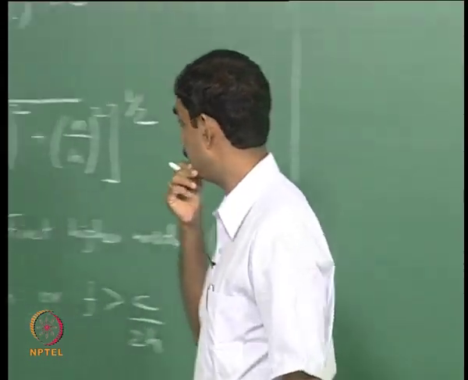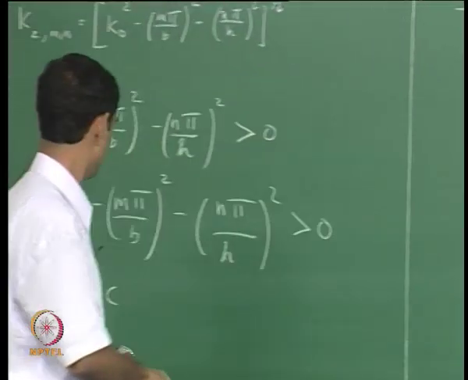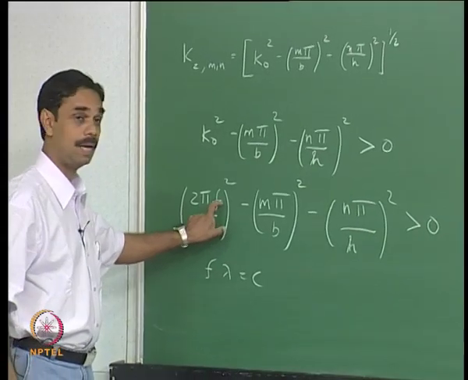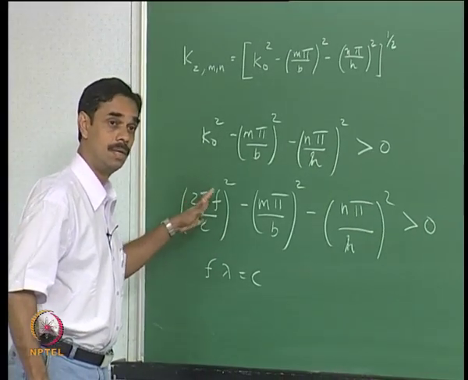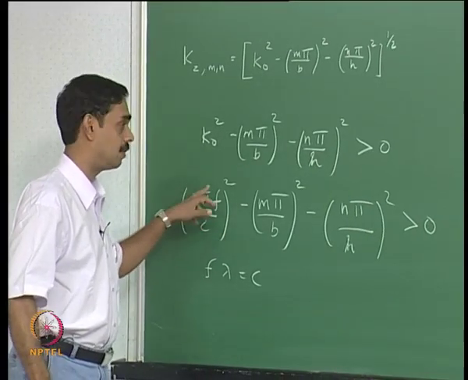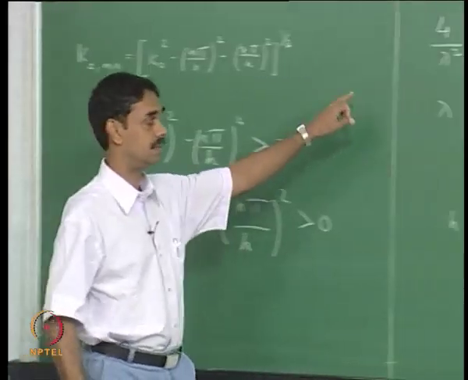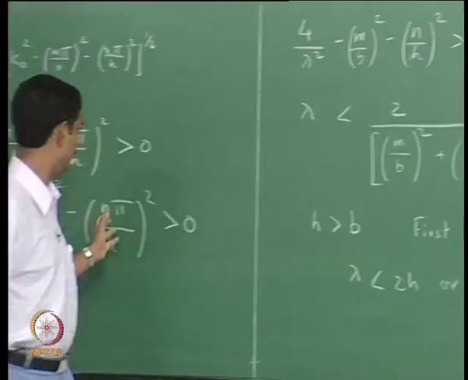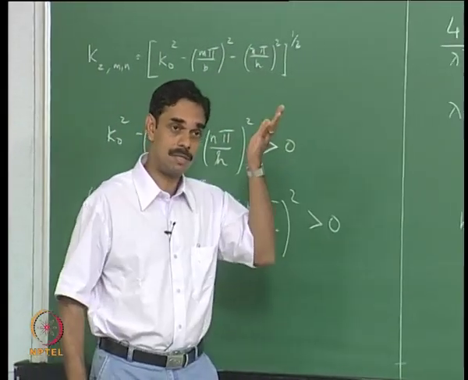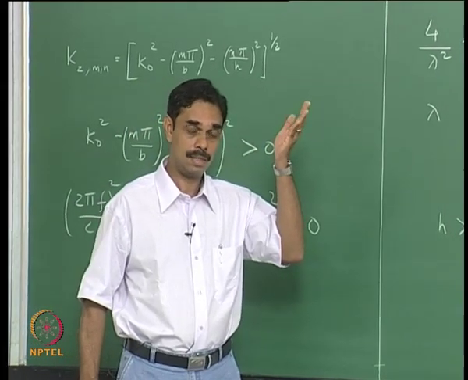If you look at this expression, you have to have frequencies higher than a certain value. All I have done is replace f over c with lambda and rewrite it this way. So either your frequency has to be beyond some value or the wavelength has to be below a certain value.